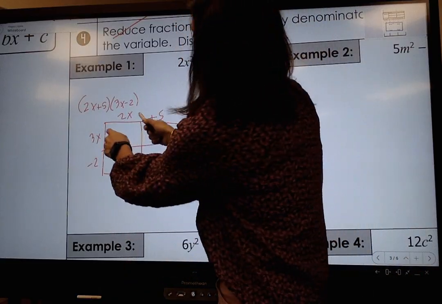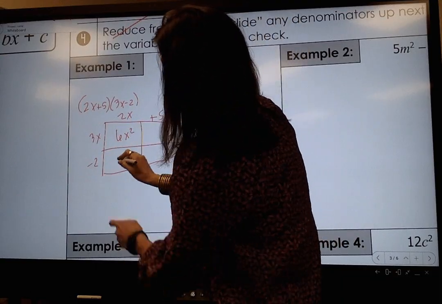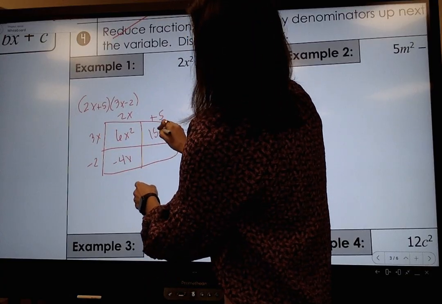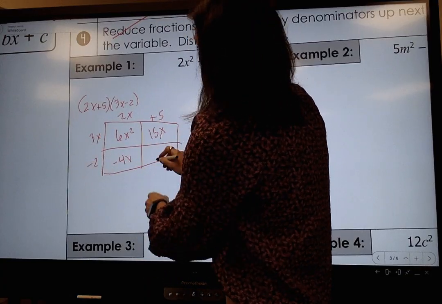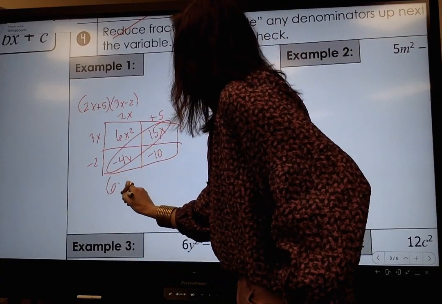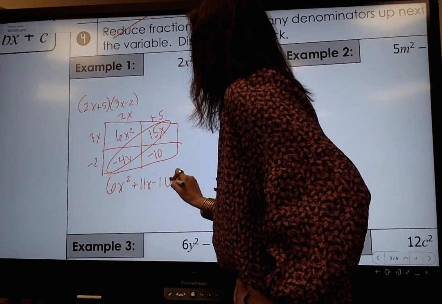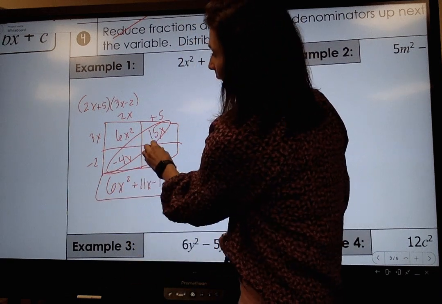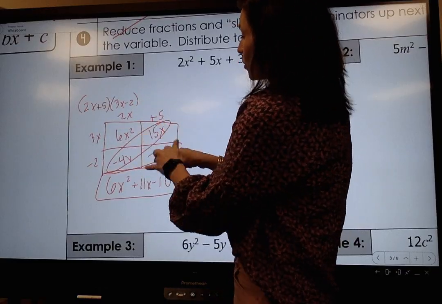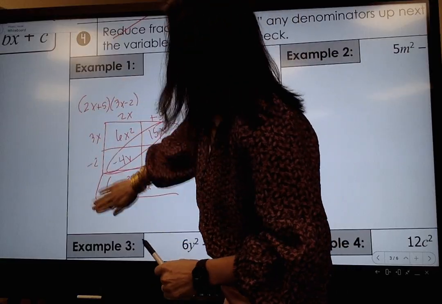So we multiplied 2x times 3x to give me 6x squared, 2x times negative 2 to give me negative 4x, 3x times 5 to give me 15x, and negative 2 times 5 to give me negative 10. I combined my like terms, and my final answer was this. Do you remember doing that? Okay, now we're going to work from inside the box out. So we're going to fill in our area, and then we're going to find the length and the width.